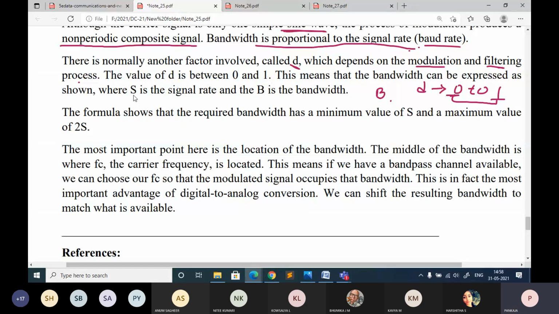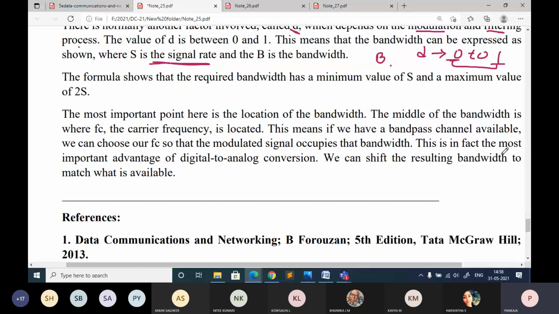And we will have the signal rate, represented with S, and bandwidth is represented with B. So what is the bandwidth required? Let me go to the formula.